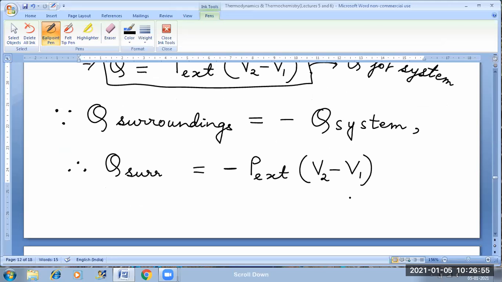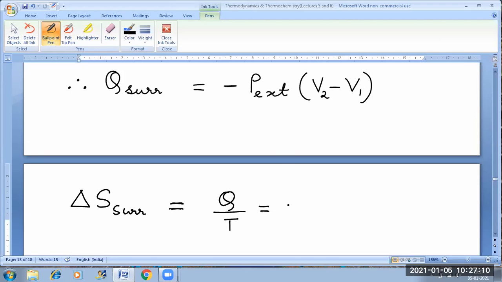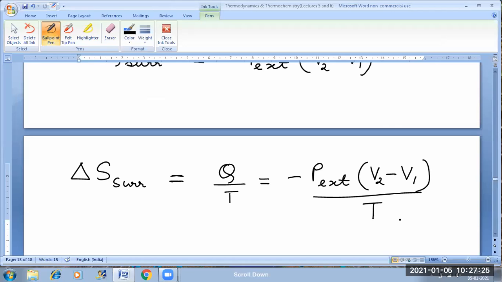This is going to be the Q for surroundings. And so delta S of surroundings will be equal to, T is constant because it's isothermal. So this is going to be the delta S of surroundings when the process is undergoing an irreversible isothermal process.